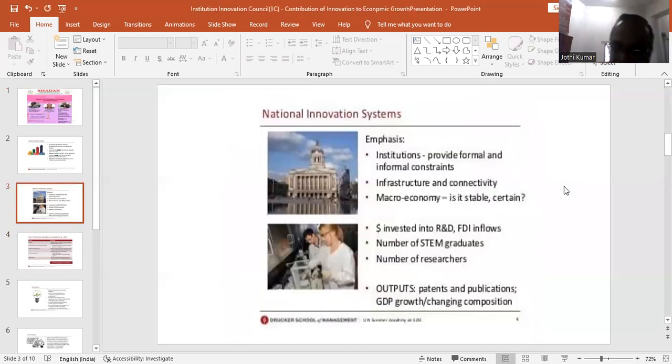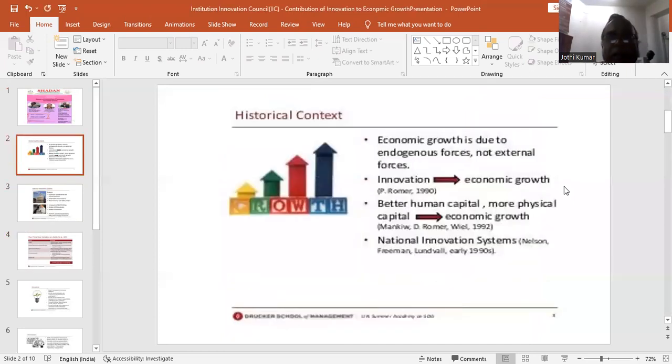So that is the historical context of economic growth. Whenever economic innovation is there, the economic growth goes in a horizontal direction from a low level to a higher level. That is a huge thing, as it occupies better human capital, more physical capital, and economic growth.